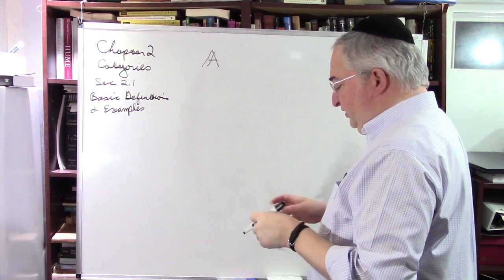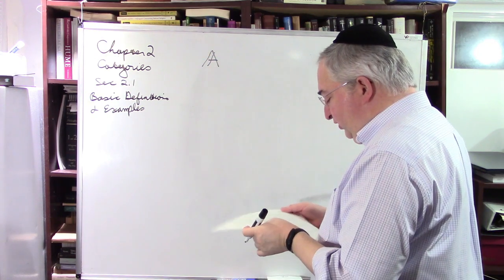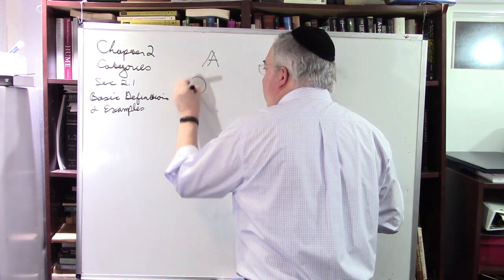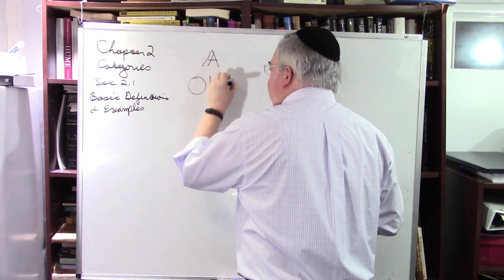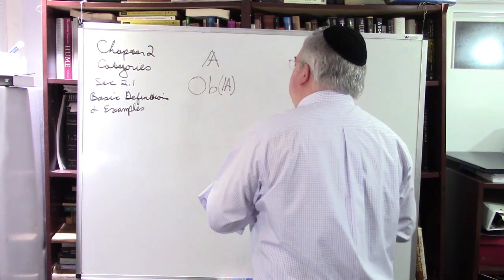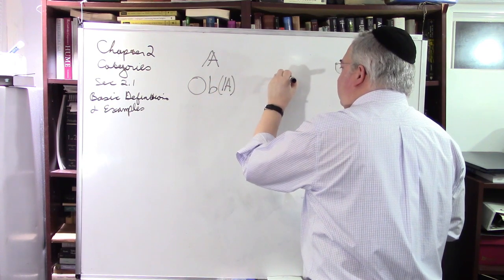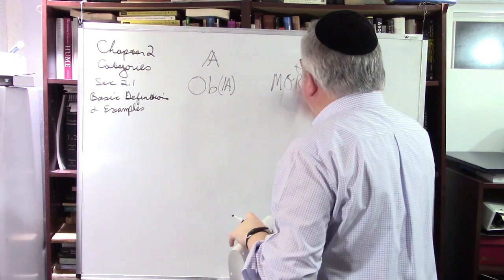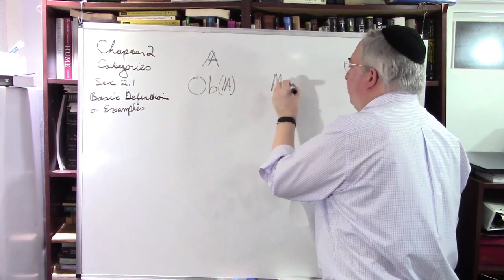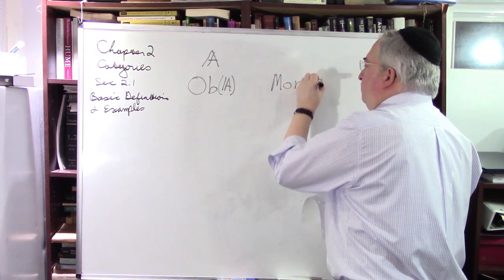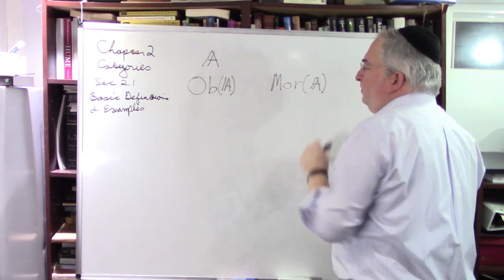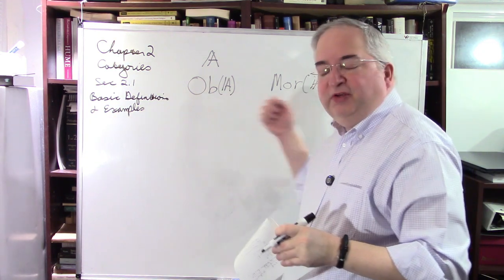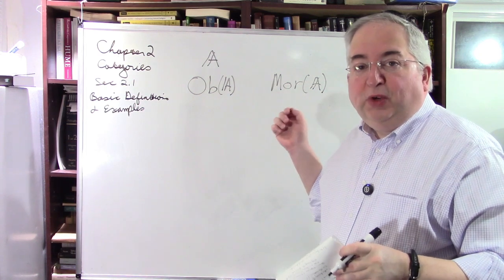A category consists of two collections, and we have a lot to say about every one of these. Two collections: the objects of A and the morphisms of A. The objects are the things, the morphisms are the maps in between the things.